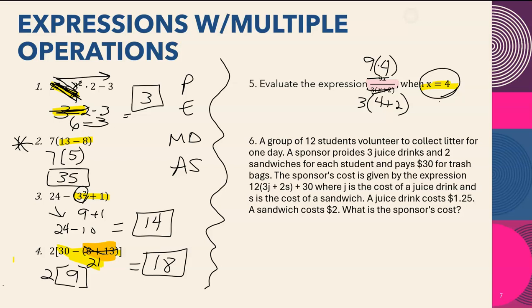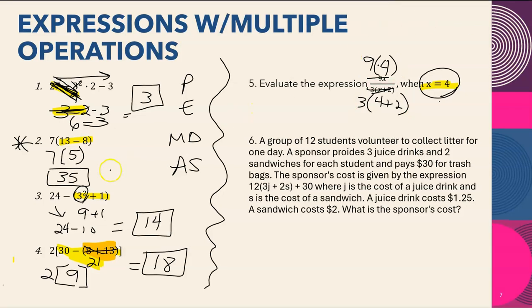Okay? So it's in itself acting as a grouping symbol would, in that it's saying, hey, keep all these top numbers together and keep all these bottom numbers together before you do the dividing. Okay? It wants you to do the numerator and the denominator first before dividing. All right? So let's go ahead and do that.